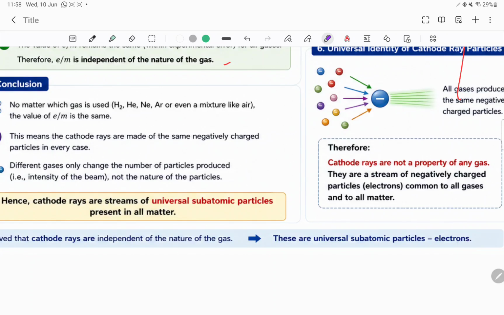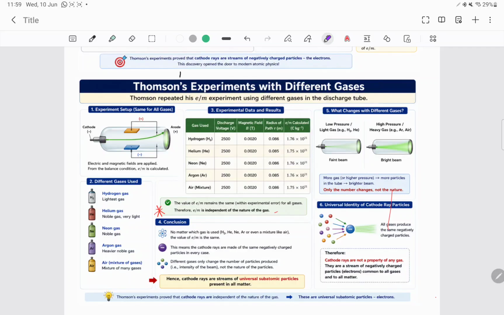To prove that these electrons are common, the fundamental particles of the atom. So he conducted it with different gases, concluded that these are universal subatomic particles, and named them electrons.